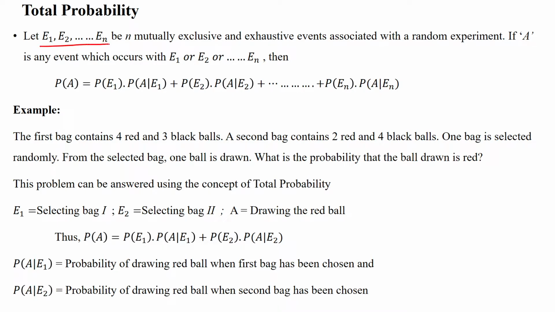So for total probability, assume E1, E2, up to En are n mutually exclusive and exhaustive events associated with a random experiment.